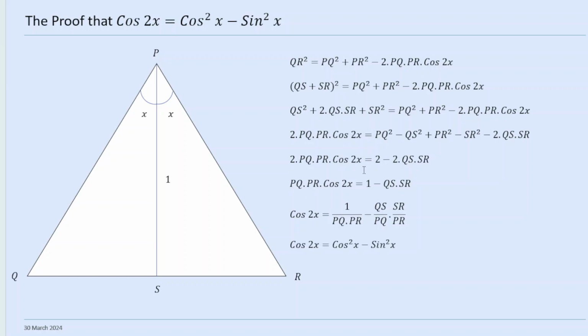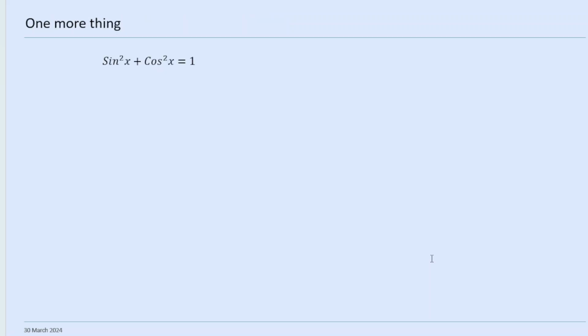We then realize that 1 over PQ is cos x. 1 over PR is also cos x. QS over PQ is sine x, and SR over PR is sine x. So cos 2x equals cos squared x minus sine squared x. So that's the direct proof, but actually we've already proved it once. We're addicted to proof.